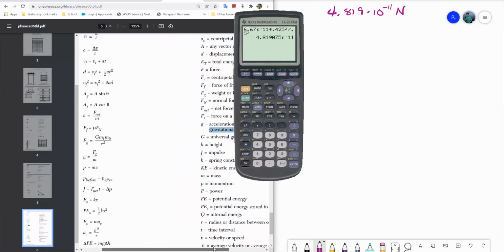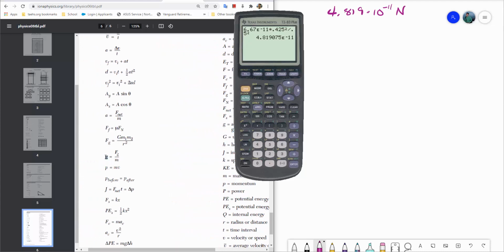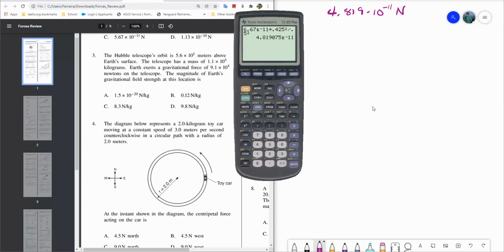So if you want to find the gravitational field strength, you can use this equation. g is equal to the force of gravity divided by mass. So if we go back to this question for number 3, the force of gravity is equal to 9.1 times 10 to the 4 newtons.